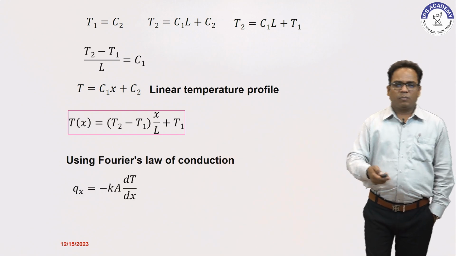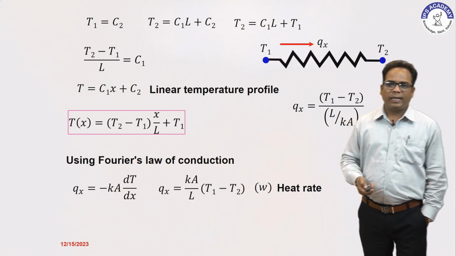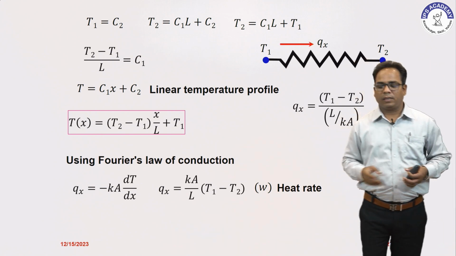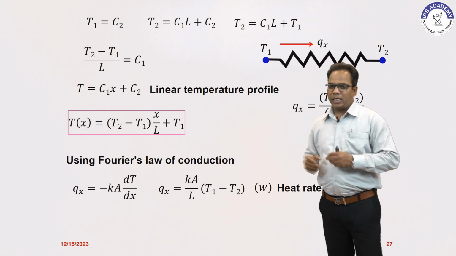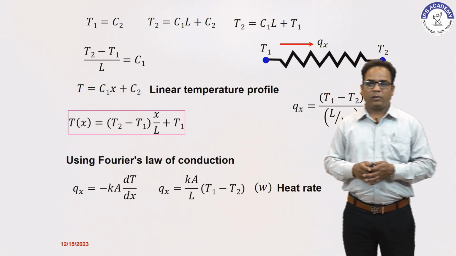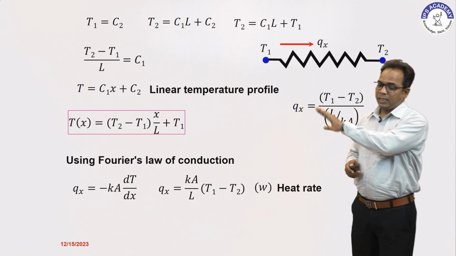By using Fourier law of heat conduction, we can also relate the cause and the potential. For heat transfer, as I said, the temperature difference is the potential, and because of the temperature difference, the heat is flowing.